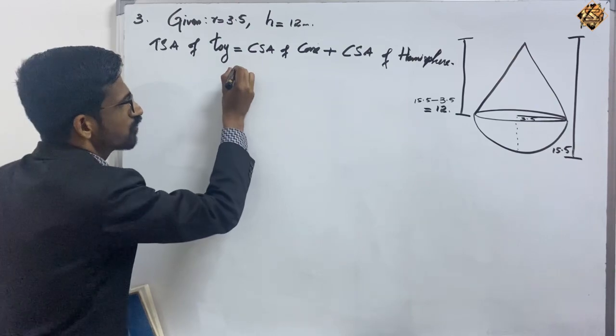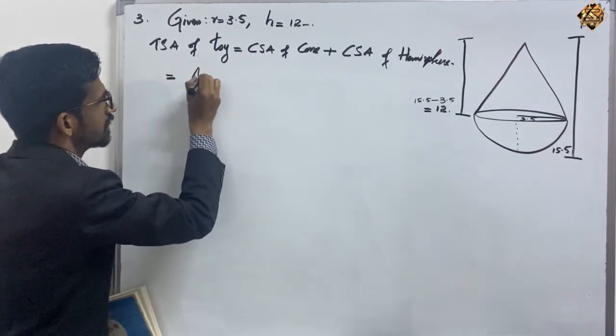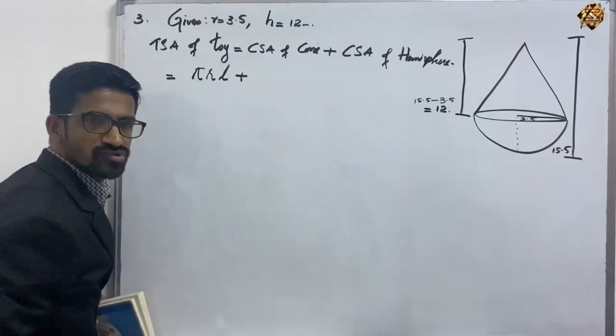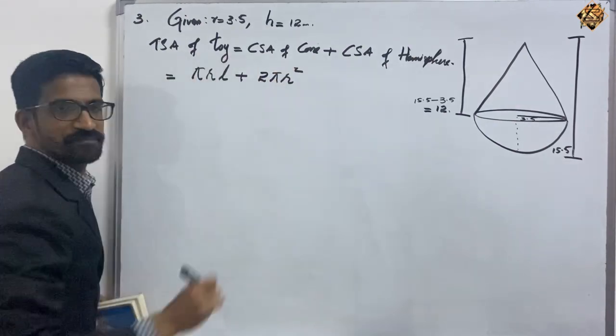We know the CSA of cone is pi RL, plus CSA of hemisphere, that is 2 pi R square.